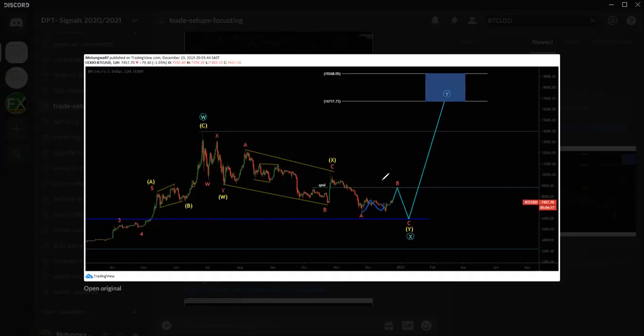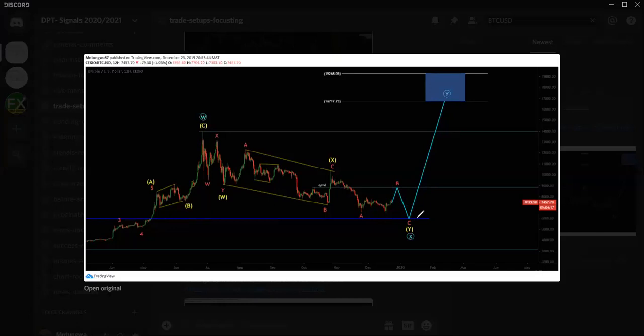We're still going to come down to this level, because we want this to be the WXY structure, to be the 333. That means even this move is going to be a three wave to this QML over here. So it looks like now we are about to approach this QML that is coming down here.